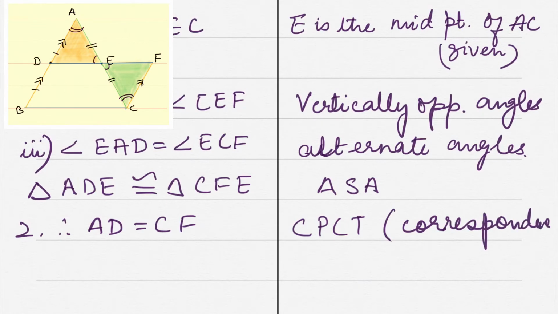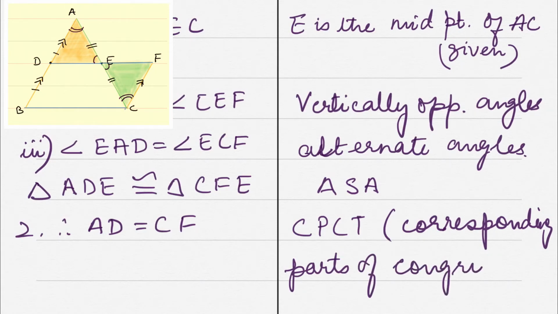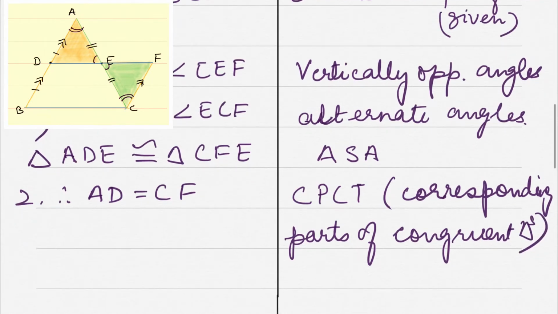Corresponding parts of congruent triangles, and they are equal, we know. Okay, but we already know, right? This is third point, that AD is equal to BD. Why?